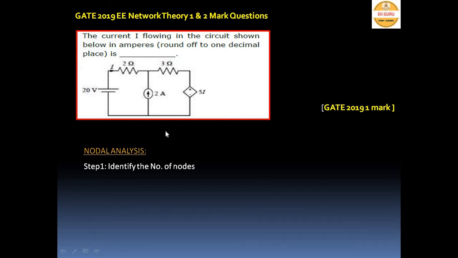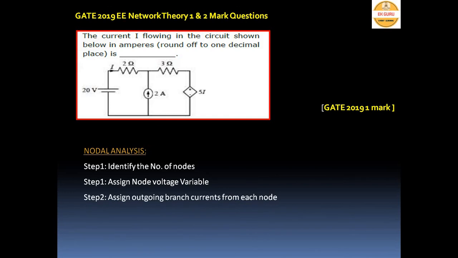Among the 2 nodes, one node we will take as a reference, and for the other nodes we have to give node voltage variables. Step 2 is to assign node voltage variables. One node will be taken as the reference node. For the other nodes we will assign node voltage variables like V1, V2, V3 and so on.